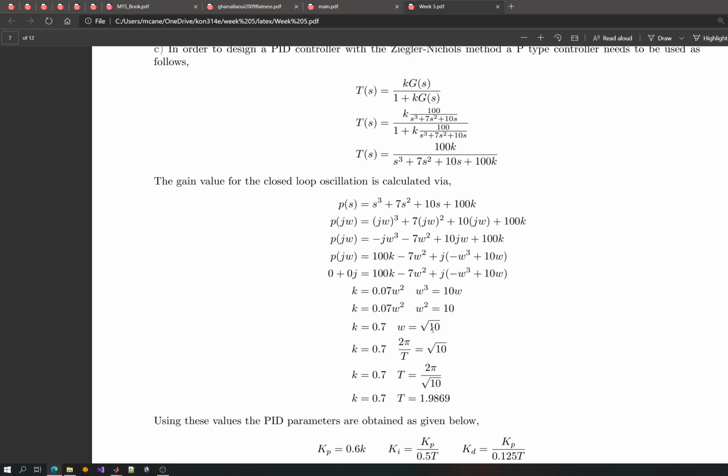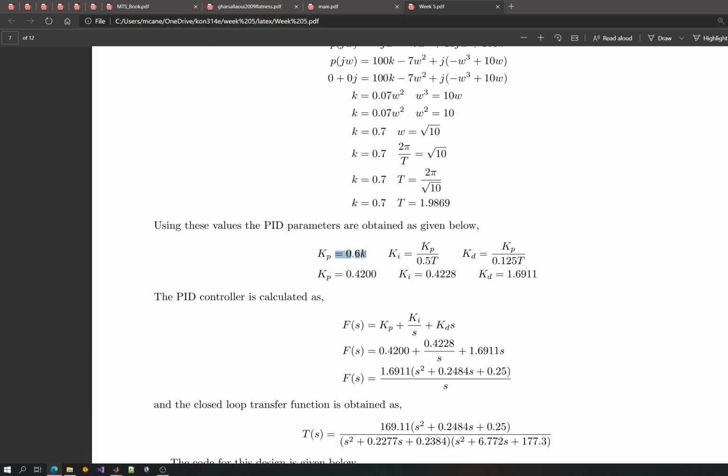And you need k and t, and the formulas are given as follows: 0.6 k for kp, kp divided by half of the time constant, and kp divided by 0.125 times t.